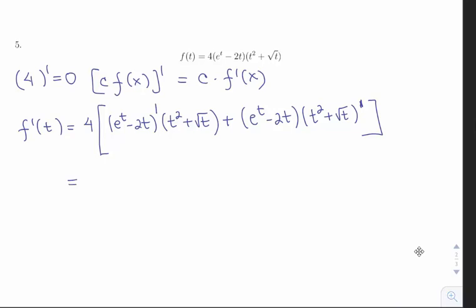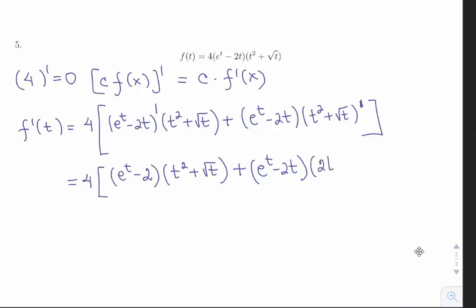Now this is 4 times e to the t minus 2t, prime. What is that? e to the t minus 2, times t squared plus square root of t, plus, this function stays as is. What is the derivative of t squared plus square root of t?